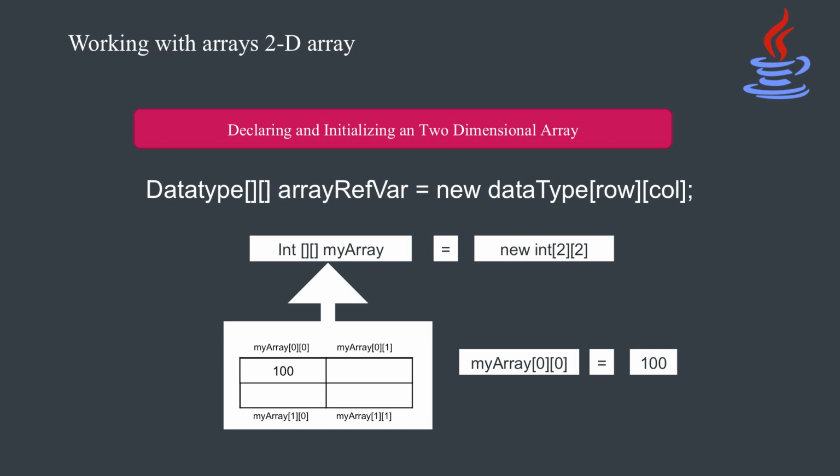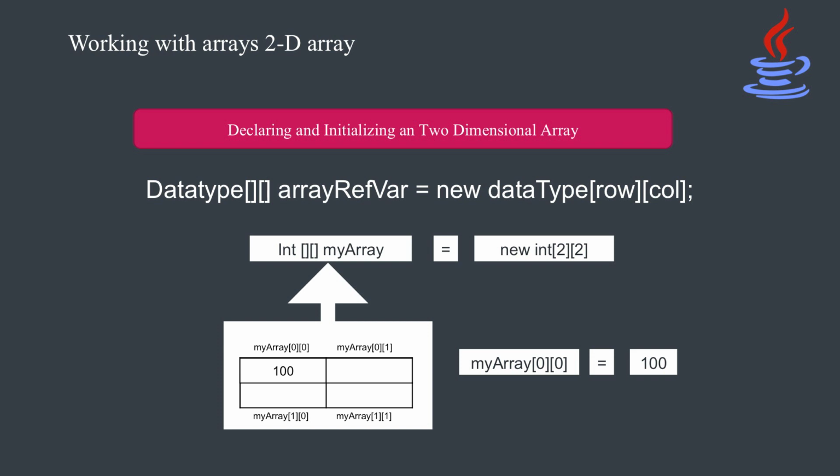We can represent a matrix using a two-dimensional array. So this is like zeroth array, zeroth element, zeroth array, first element. Same way, first array, zeroth element, first array, first element. So if you want to access, you can say [0][0] is 100.